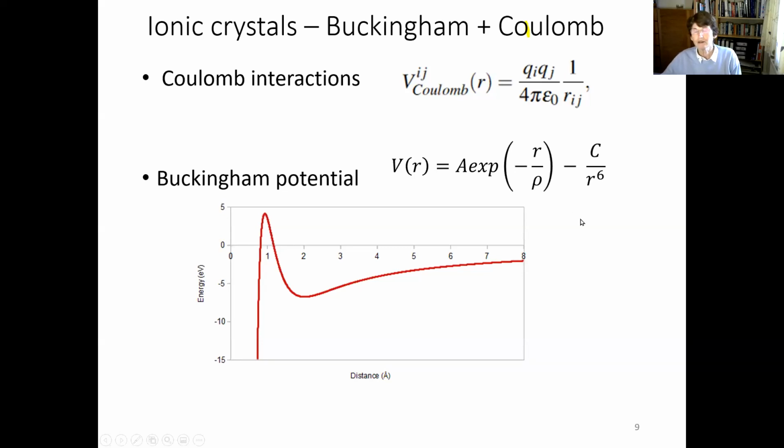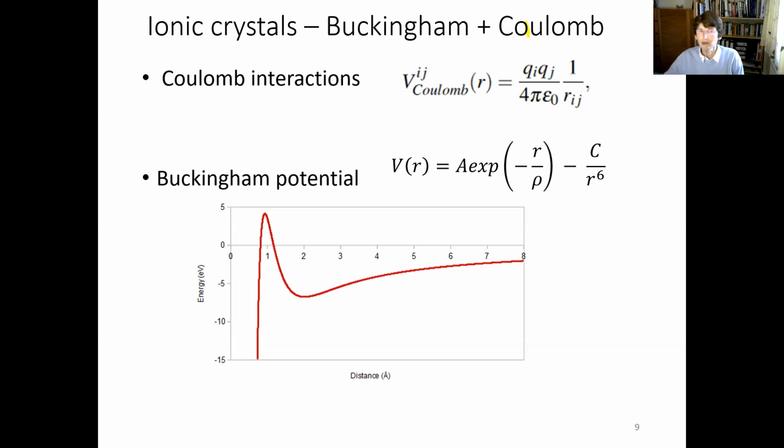This maybe better encapsulates the true quantum mechanical Pauli repulsion at short distances. But I think more importantly, we have three free parameters here, and that gives us better flexibility in fitting. So that may be the main reason that we use these three parameters.